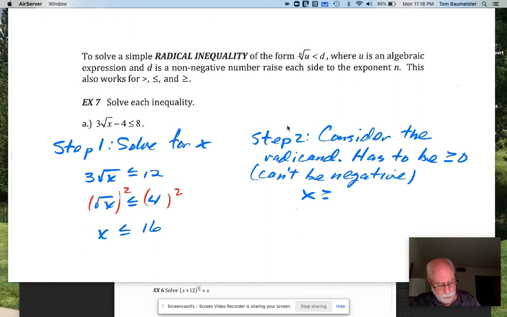So we know that x has to be greater than or equal to 0. So I can write that as x is greater than or equal to 0. Notice I still said the same thing. And it has to be less than or equal to 16. So it has to be between those two numbers.